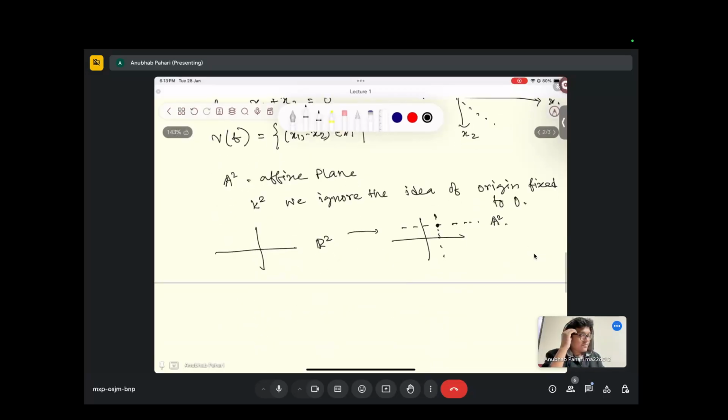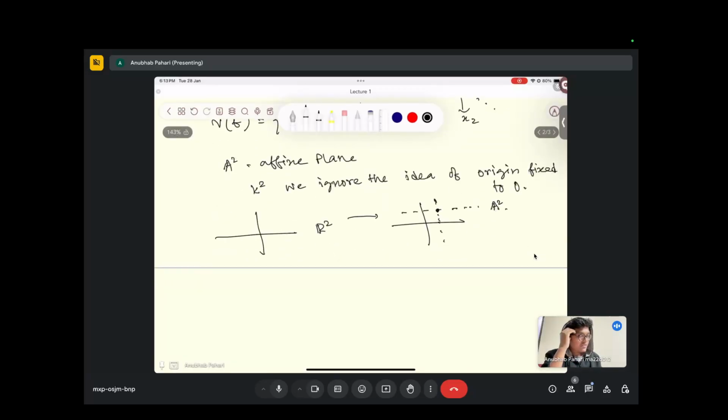So for a finite number of polynomials, I have said that if you are given f1 and f2, what should be the zero set of these polynomials?